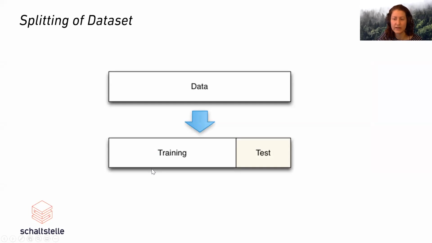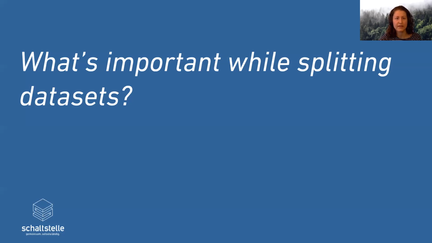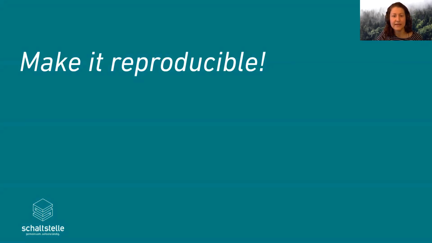For example, an 80% data set for the training and a 20% data set for the testing. Now, what's important when we split our data set? It's essential that your splitting is reproducible. So if you have to recreate the splitting sometime in the future, you still want to get the same results as you got the first time you did that.